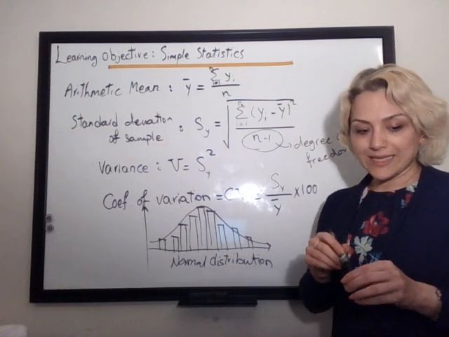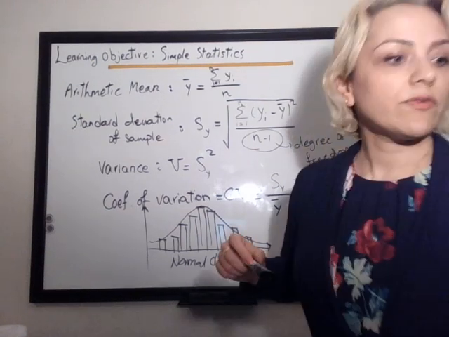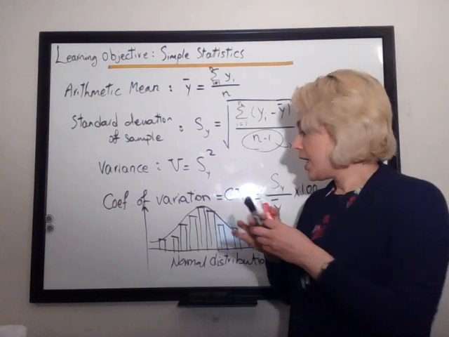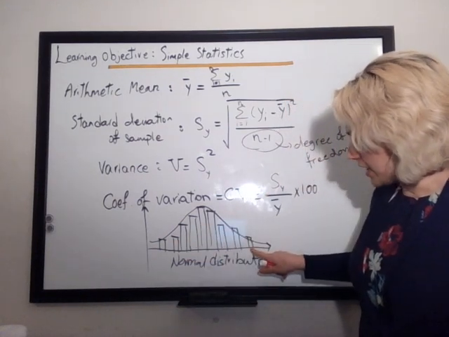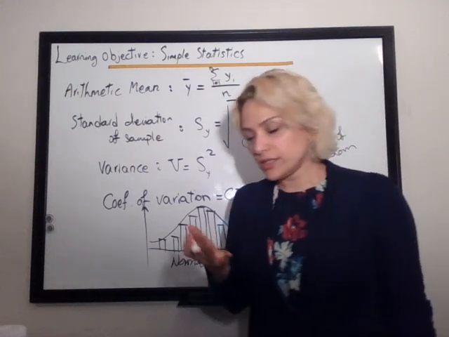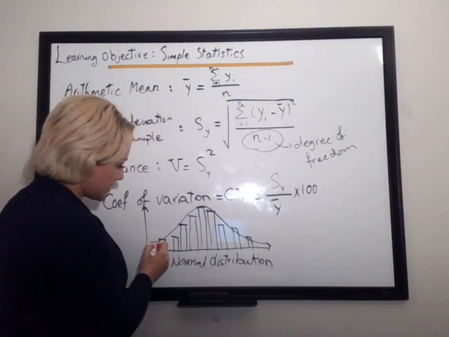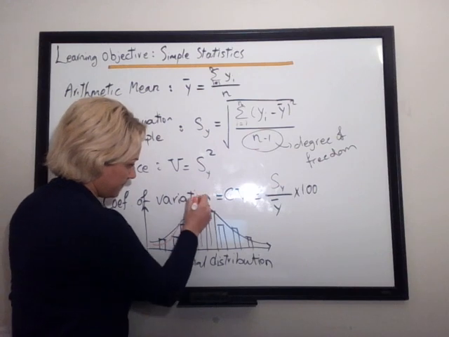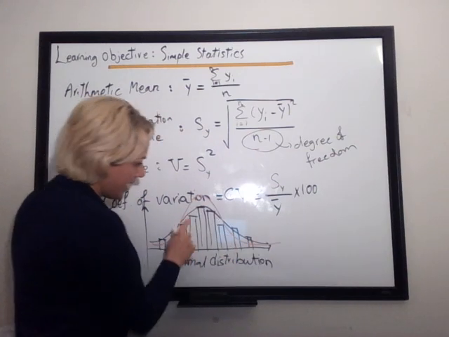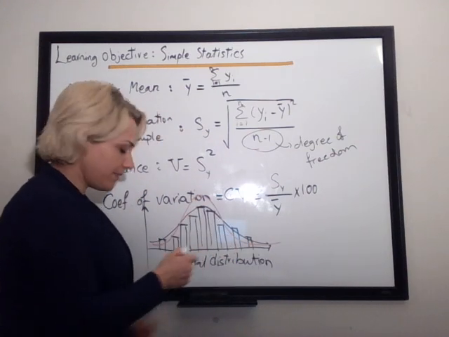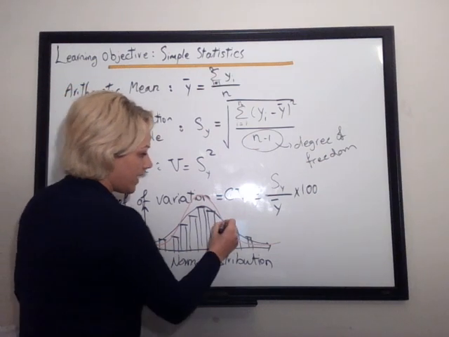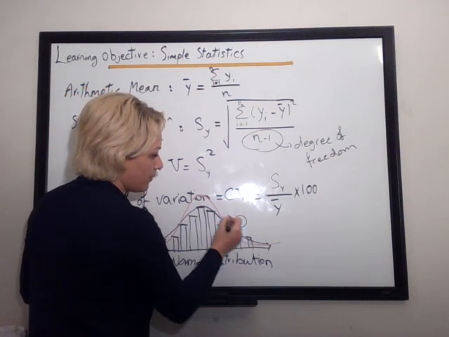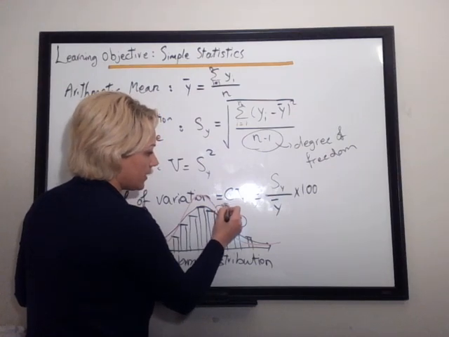As a last thing here, let me see if I can find another. Okay. Let's see, I have my data points like this, and let's say I had another distribution curve like this. The mean is the same, right? I'm going to name this one sample number 1, and this one sample number 2.